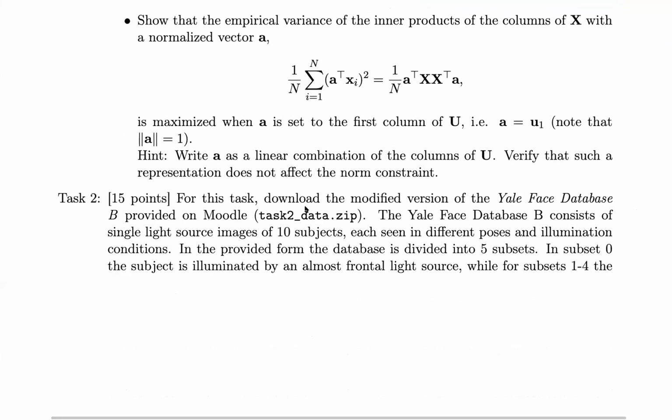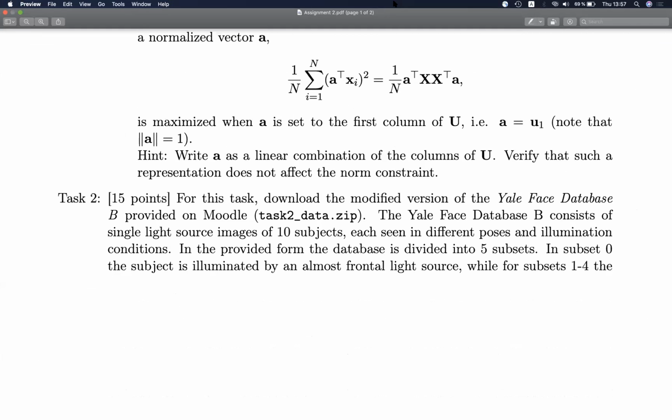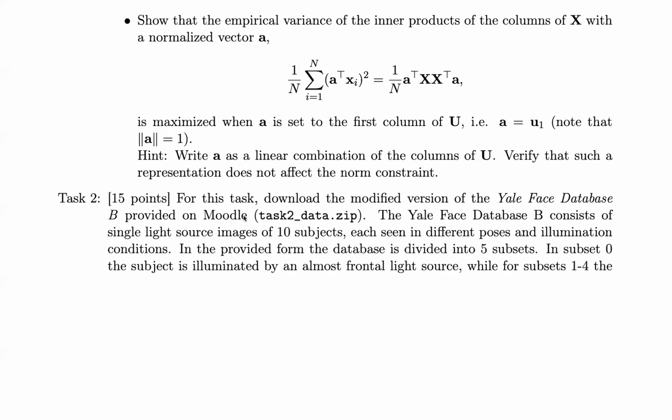So let's go to task 2. For this task, download the modified version of the Yale Face B dataset which we provided on the Moodle. The Yale Face database B consists of single light sources and 10 subjects, each seen in different poses and illumination conditions.